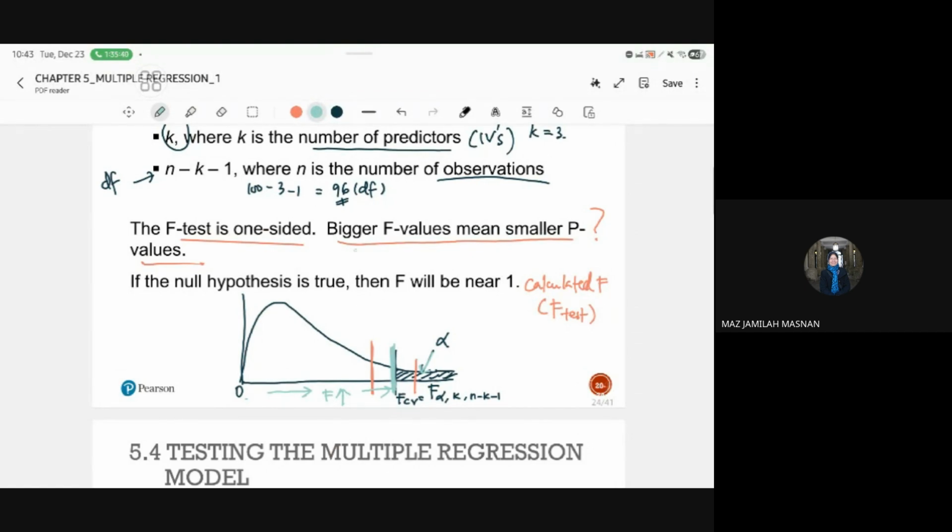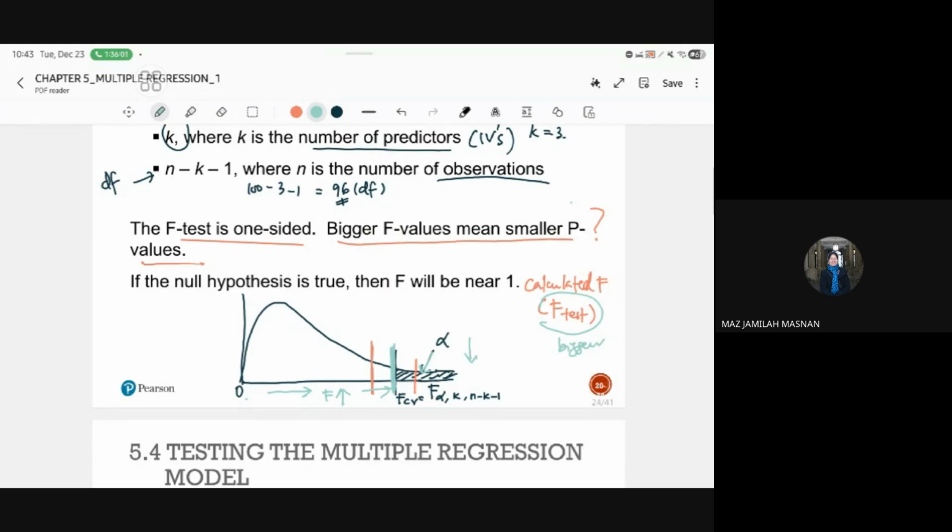But if you are talking about the calculated F, if your F test is bigger, the location will be on the tail of this F distribution. The bigger the F test, the smaller the P value.